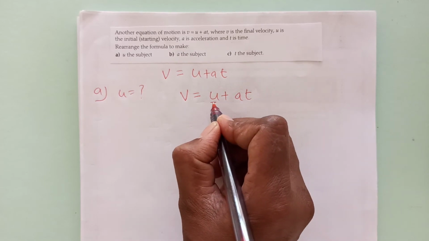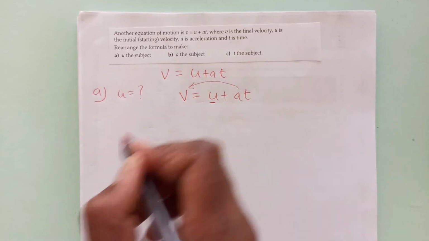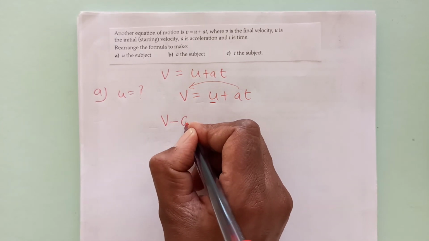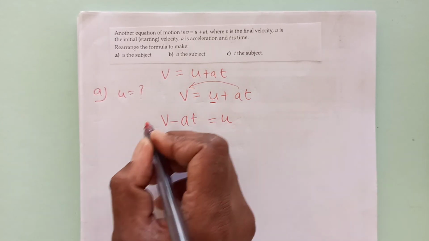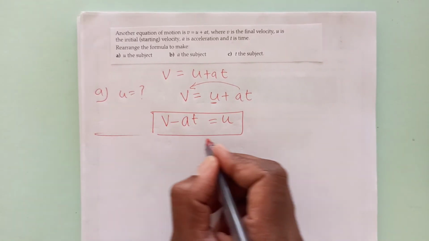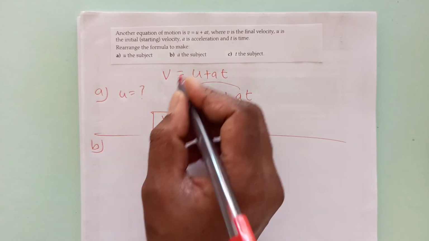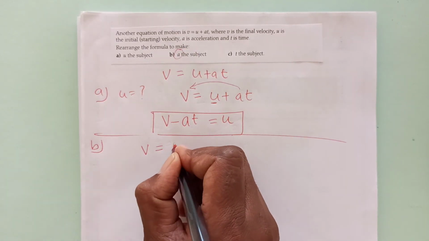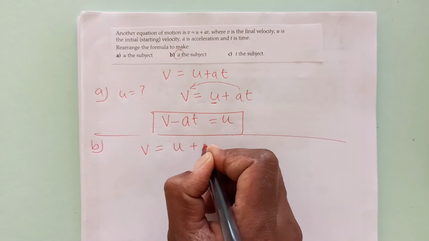So we need U here. So shift the rest of the terms. So it is V minus AT equals U. So we are done. We have made U the subject. Then part B, here we need A the subject. So we start with the original equation.